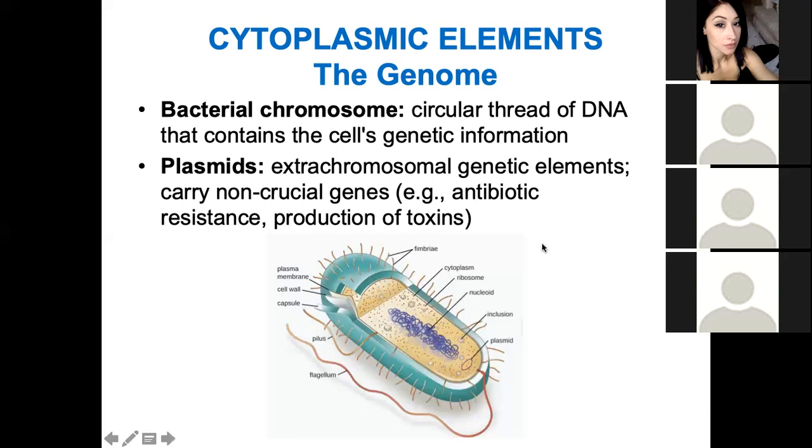The first thing is a case in point. One of the most prominent features inside the cytoplasm is the bacterial chromosome. The bacterial chromosome is a circular thread of DNA, extremely long, in actual fact, compared to the size of the bacterial cell.